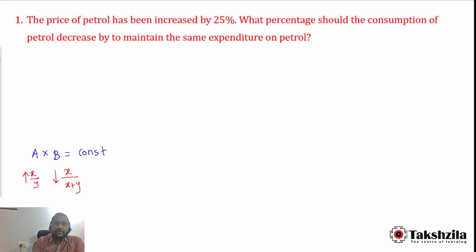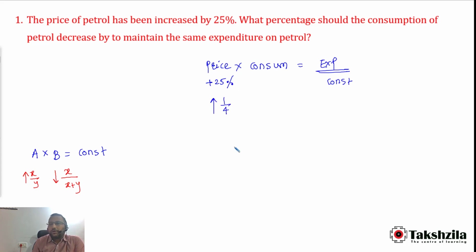So now we know that price into consumption is equal to expenditure. We want expenditure to be constant. The price is increased by 25%. It means the price is increased by 1 by 4. To keep this multiplication constant, we need to decrease consumption by how much? 1 divided by 1 plus 4.